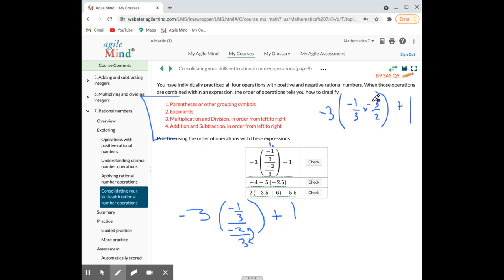So Tashandrick, what is negative 1 times negative 3? 3. Good, and what is 3 times 2? 6. So what are we going to get for this? 3/6. Correct, which would simplify to 1/2.